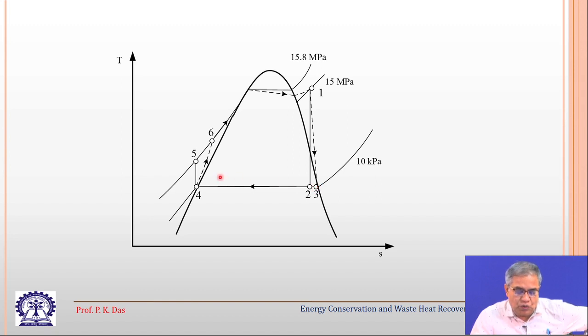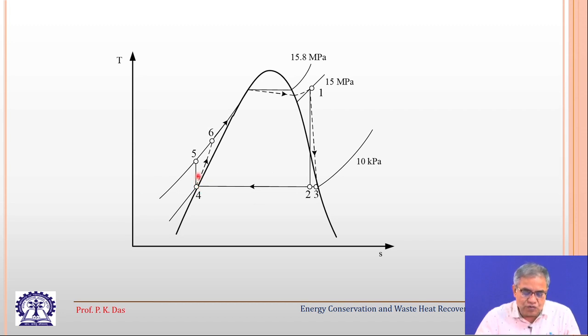Now, 3 to 4, that will be the condensation process within the condenser, and we have assumed this process to be ideal. There is no pressure loss and it is taking place at a constant pressure. So, the temperature is also constant. From there, the working fluid comes out as liquid condensate, and that is the state number 4. From 4, its pressure has to be increased with the help of a pump.